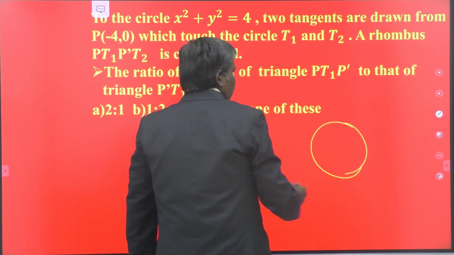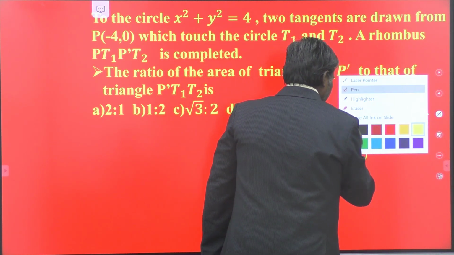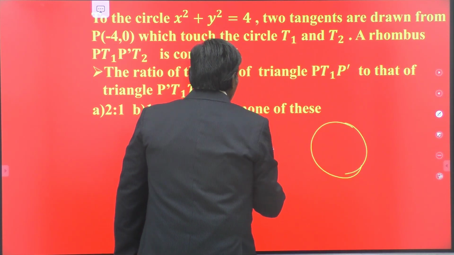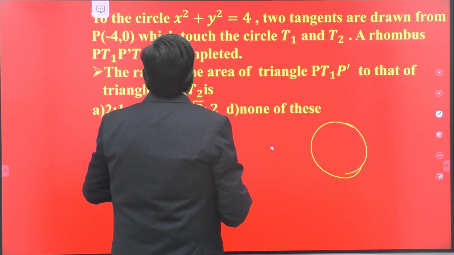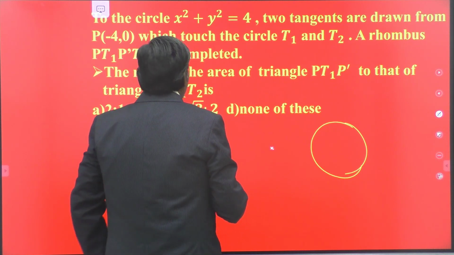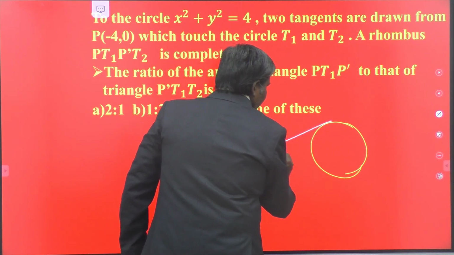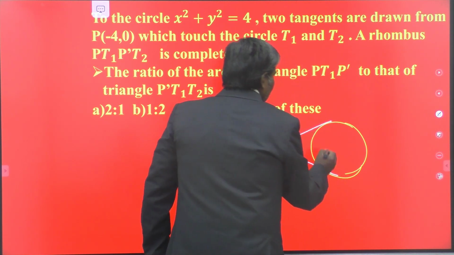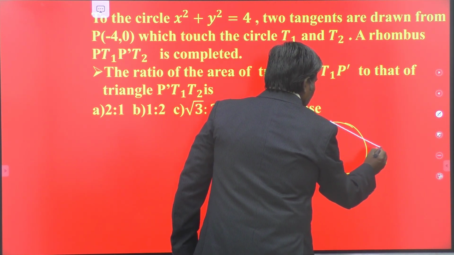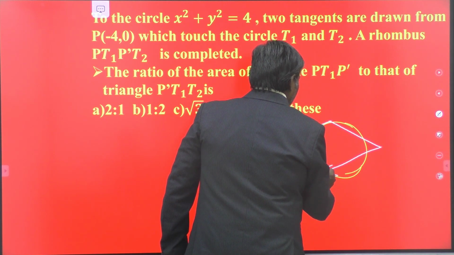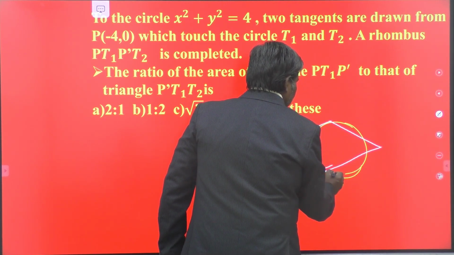This is the circle. This is the point. What is that point here? Minus 4 comma 0. These are the two tangents drawn from the point. We have to make the rhombus by joining these points.